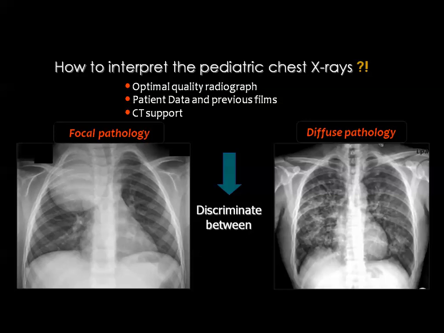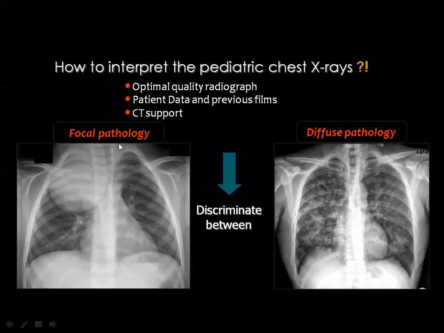Let us start the interpretation of the pediatric chest X-ray by looking at the chest, and we would like to differentiate between two main issues. The first one is, are you dealing with a focal lung pathology or you are dealing with diffuse lung disease?